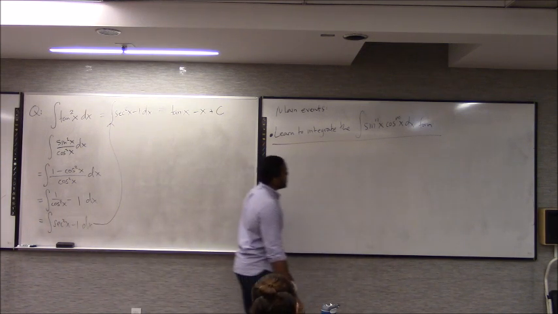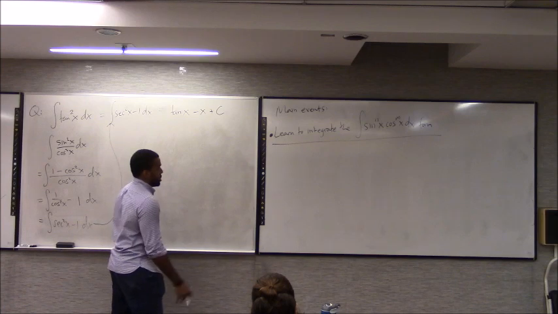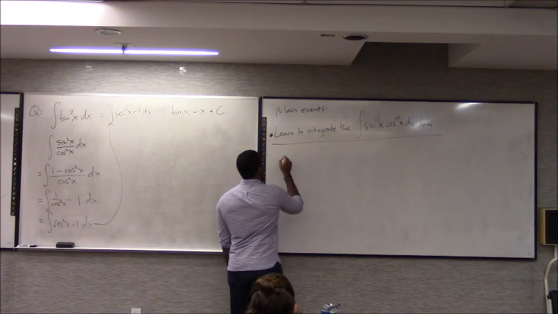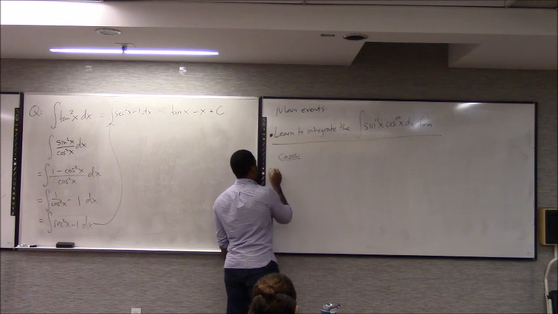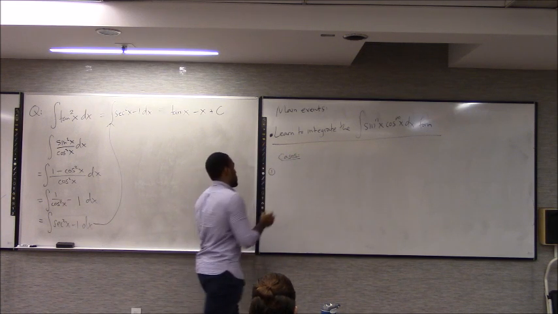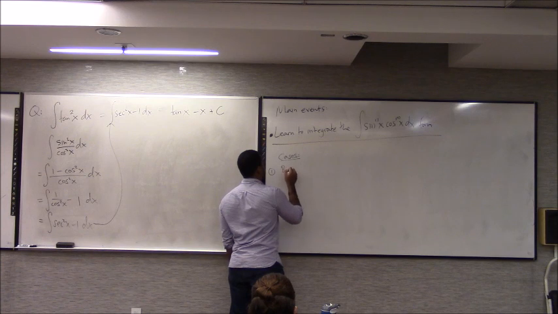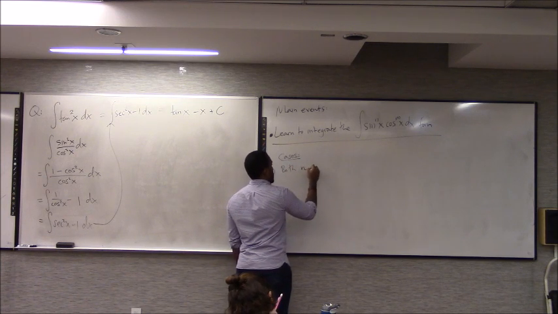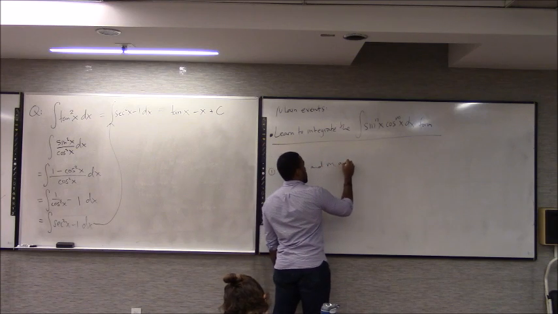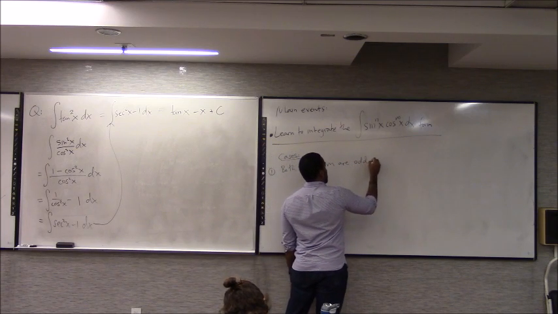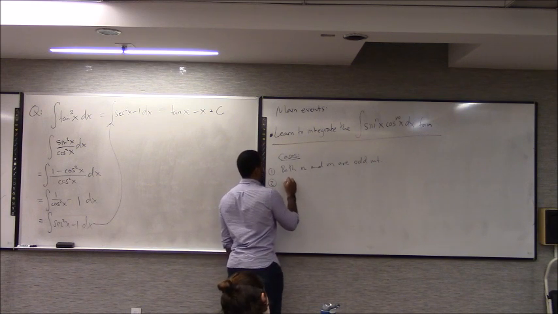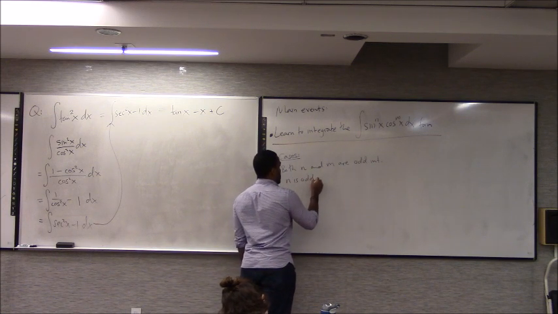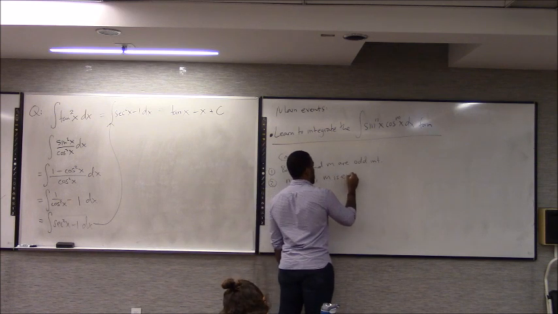Now, there are certain cases that we can actually look at. So one, here's a possible scenario. We can have both n and m be odd integers. We can have n odd, m even.